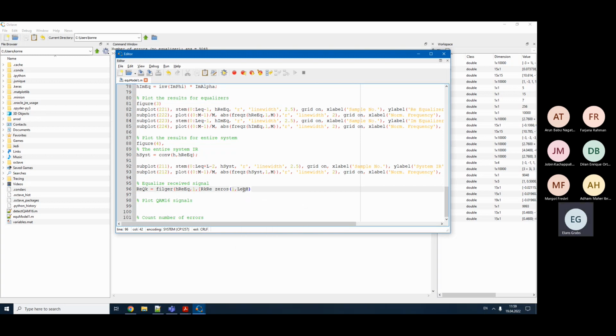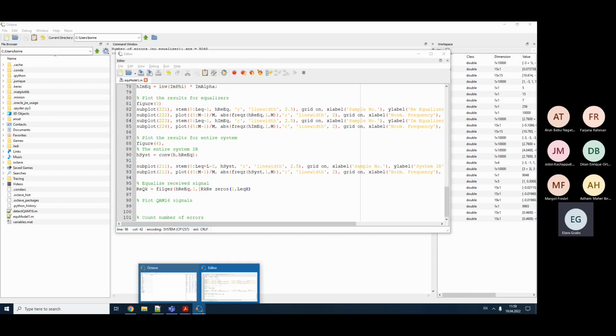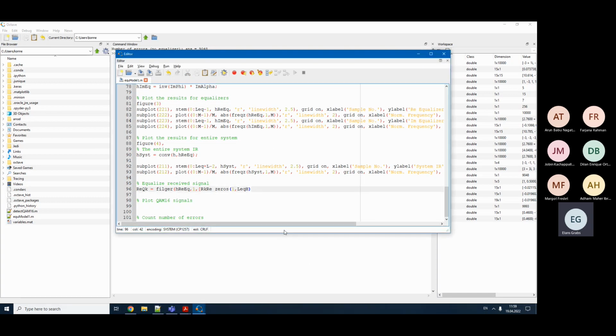Yes, as I said earlier, we need to start reading our data starting from the middle point of our equalizer, where we have that maximum value of 1. This is right in the middle. And accordingly, all the brackets have been closed.